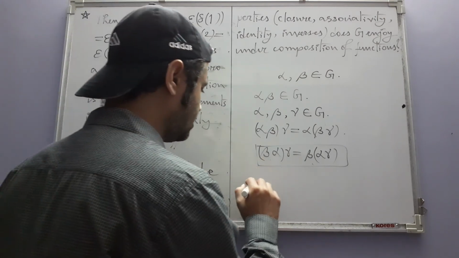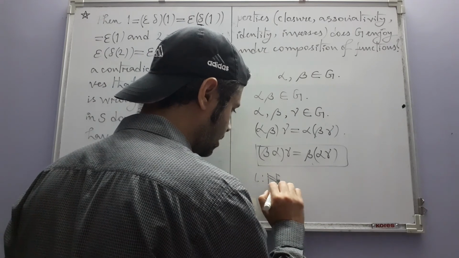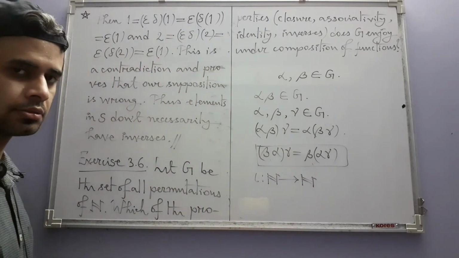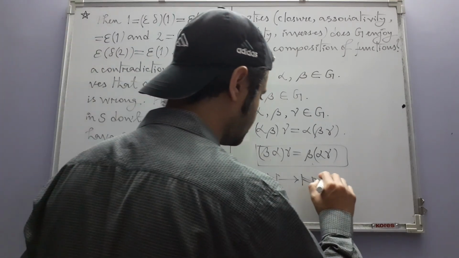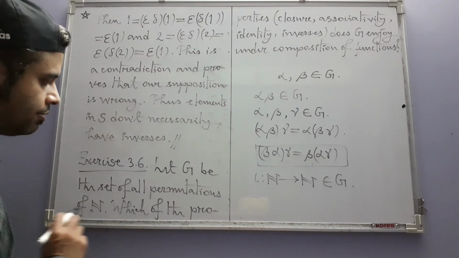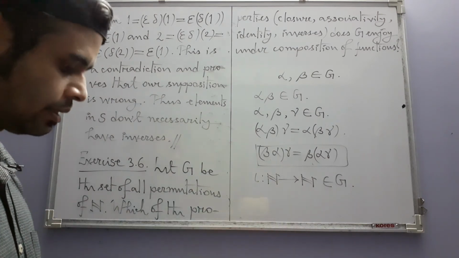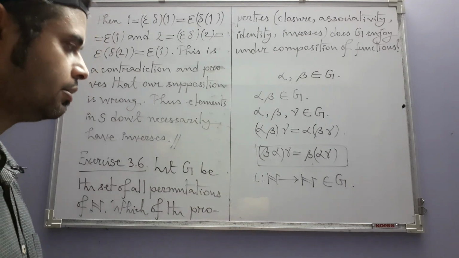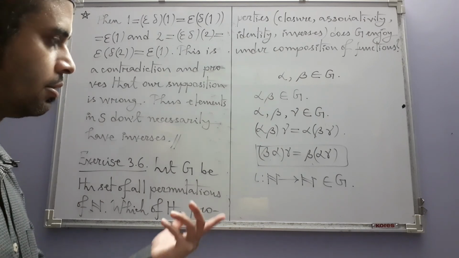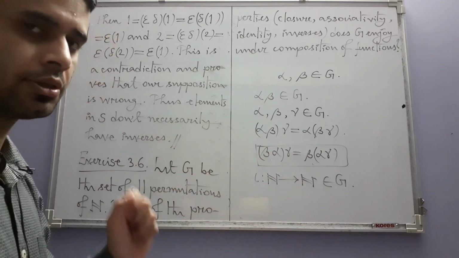Identity. The identity function on the set of natural numbers is known to be a bijection. So it belongs to G. And if you take a function from N to N that is a bijection, then your theorem 1.3 tells you that its inverse exists, that is also a function from N to N, and that inverse is also a bijection.